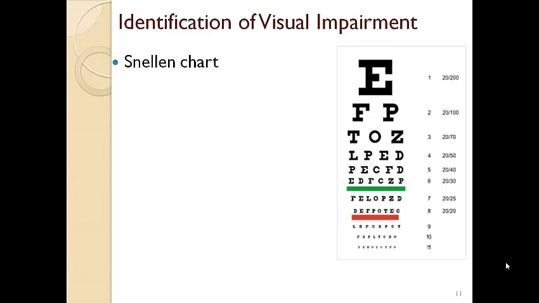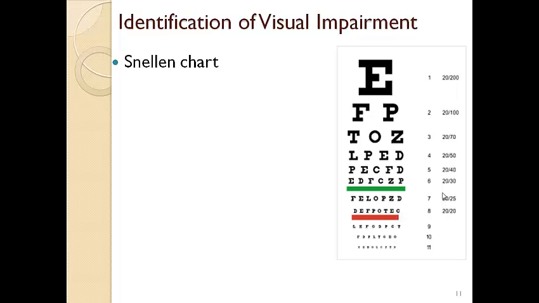This is a basic chart that consists of rows of letter E's in different positions and sizes. Each row corresponds to the distance at which a person with normal vision can discriminate the letter or the direction of the E's. If you look right here, it says 20/20. So if you have normal eyesight of visual acuity 20/20, you should be able to read this without corrective lenses, or with glasses, right?